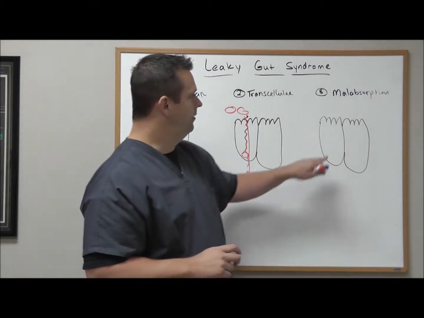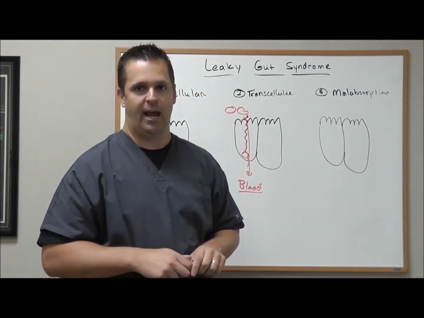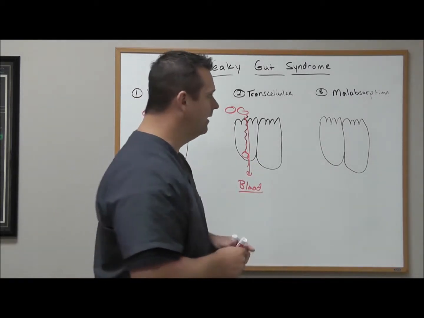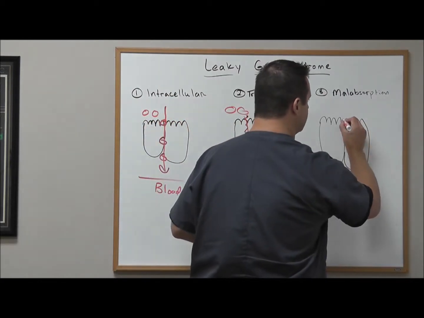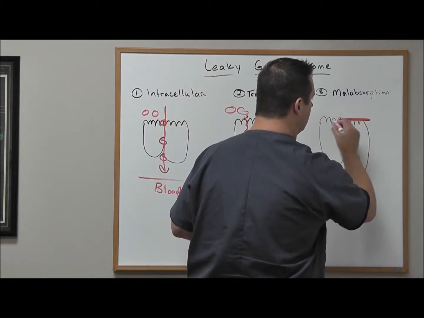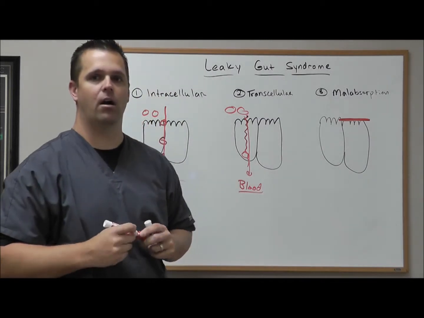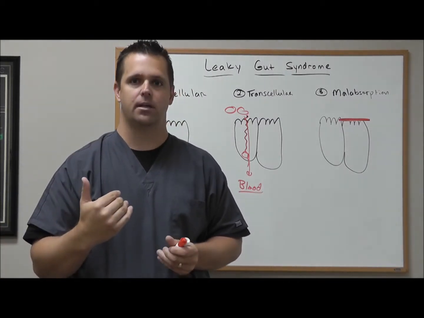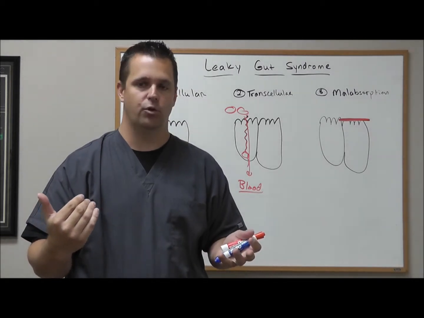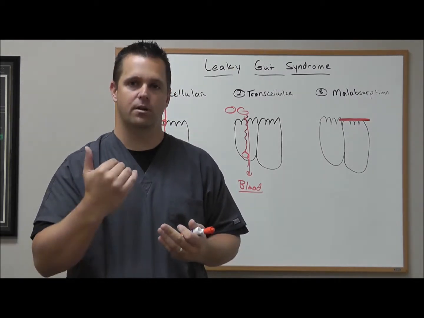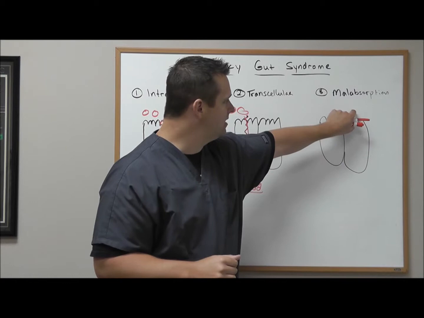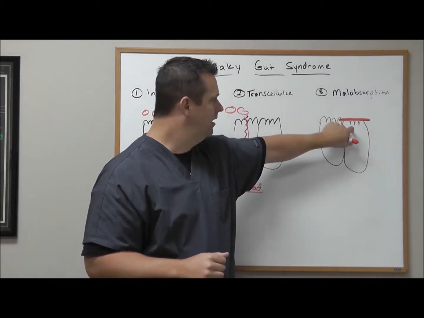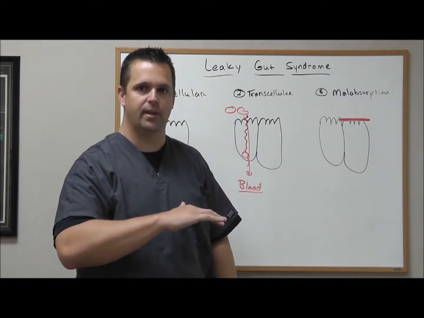The third way that leaky gut syndrome can happen is what we call malabsorption. This is where we get a sludge layer or an inflammation layer across the top of our intestinal lining, which will decrease what we can absorb nutrient-wise. So we get a malabsorption of nutrients due to increased sludge or inflammation along the gut lining.